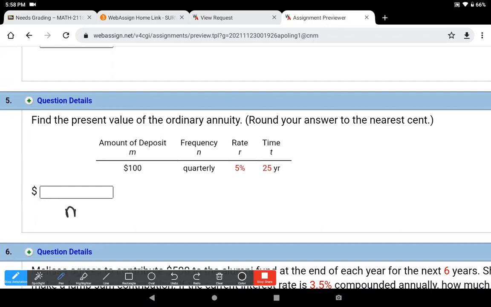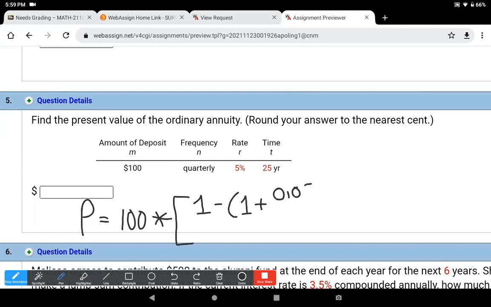Whatever, I may as well just write it out, right? So P equals M times 1 minus 1 plus rate over N, which is 4, just like last time, raised to the negative 100, because we have the same amount of years.